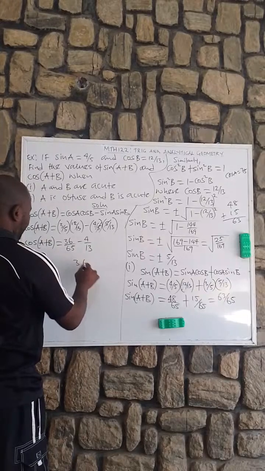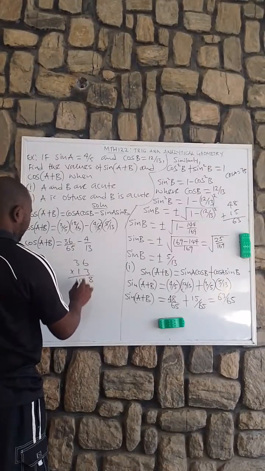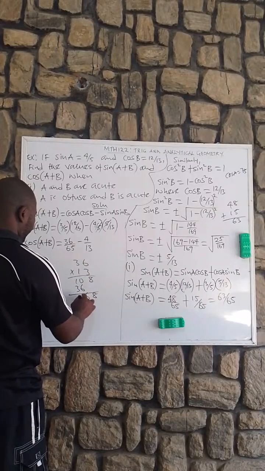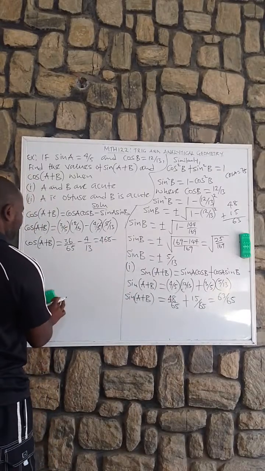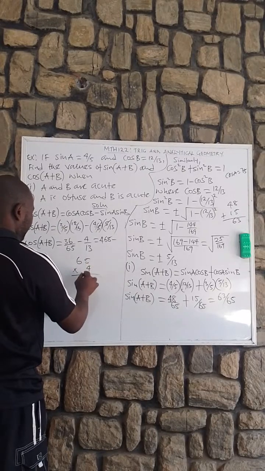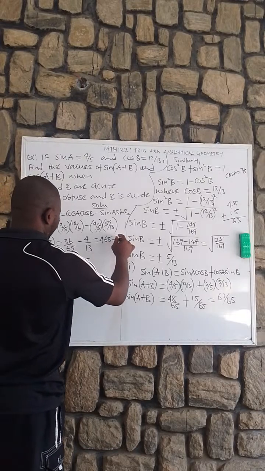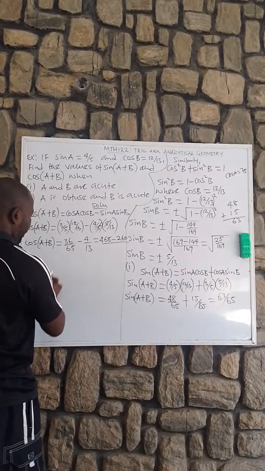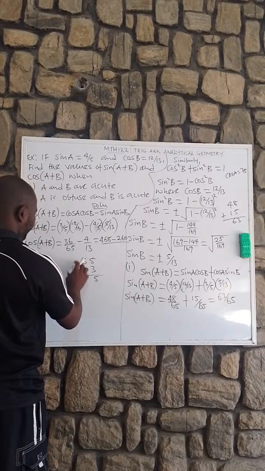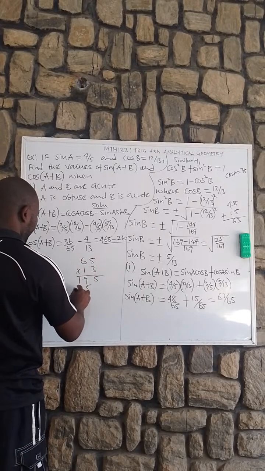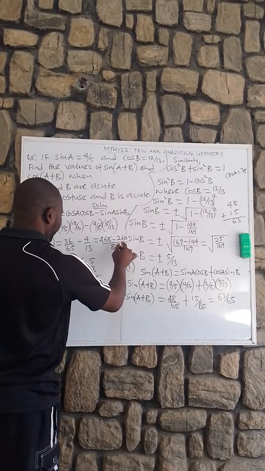So, that is 36 times 13, which is 468, minus 65 times 4, which is 260, all over 65 times 13, which is 845, right?